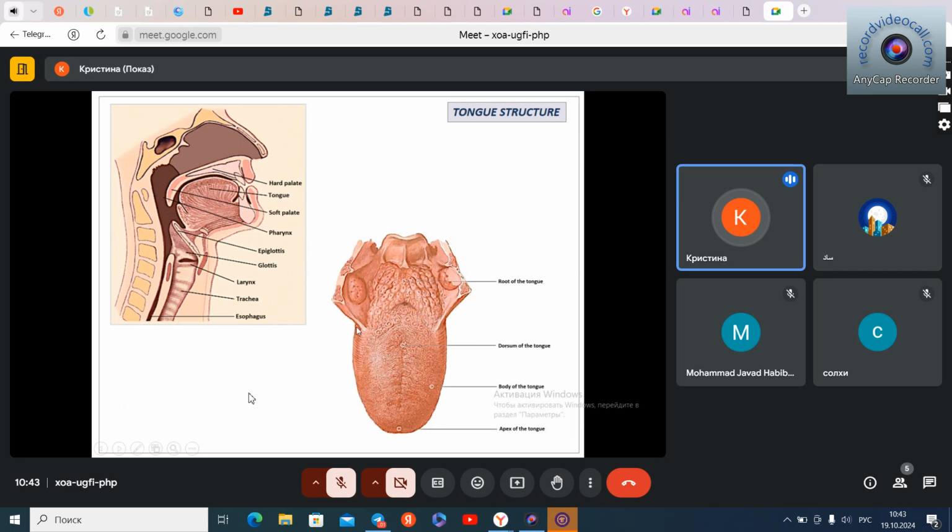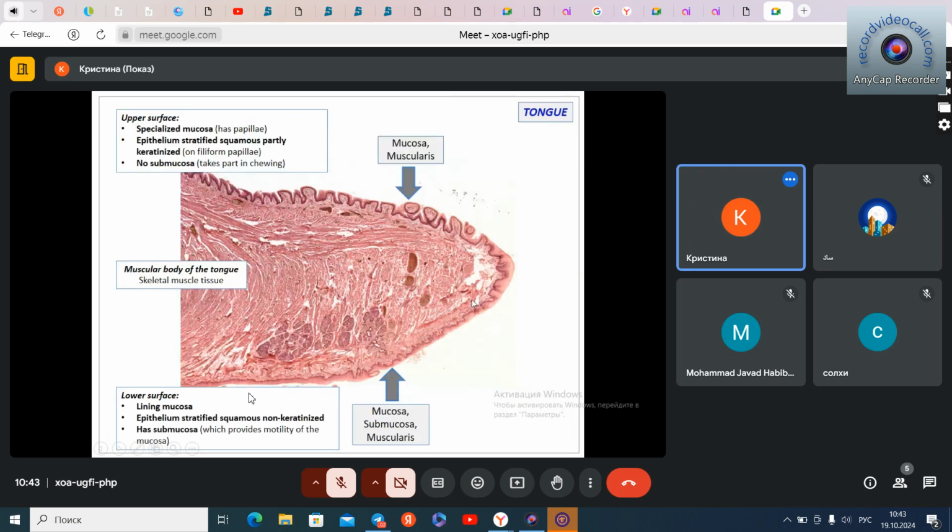And in the body of the tongue, we have the dorsal surface or the dorsum, the tip or the apex, the lateral surface, and not seen here, the lower surface. And here we can see that the surface of the tongue is not flat, it has some elements of relief, which are called the papillae.